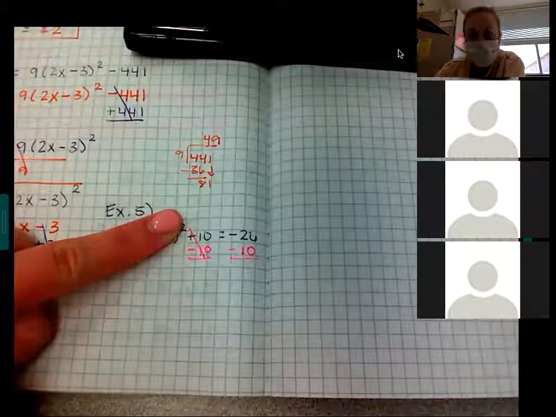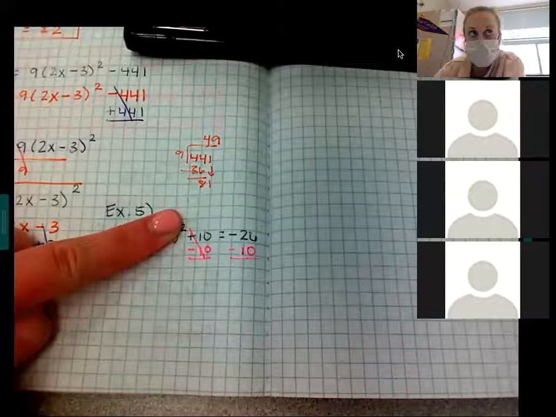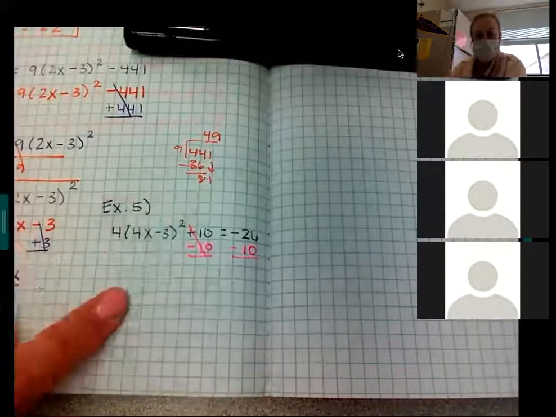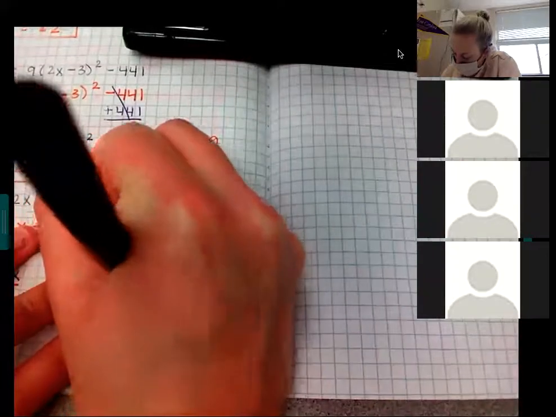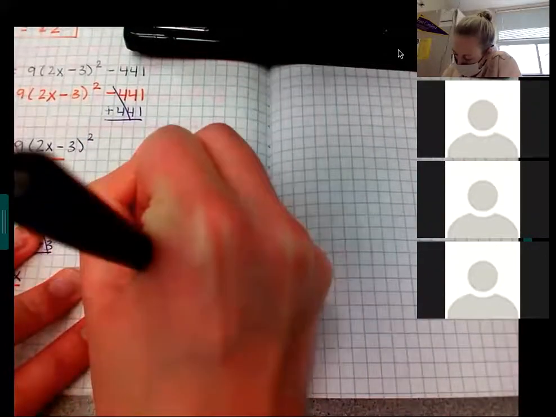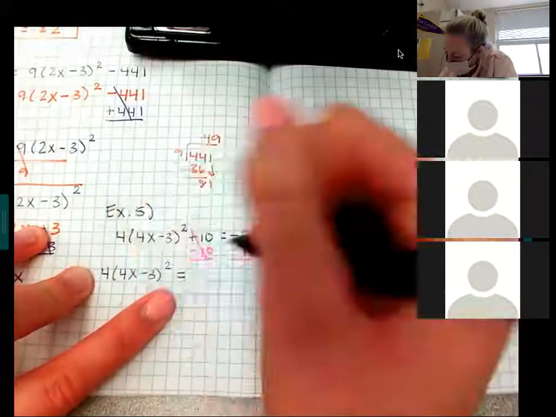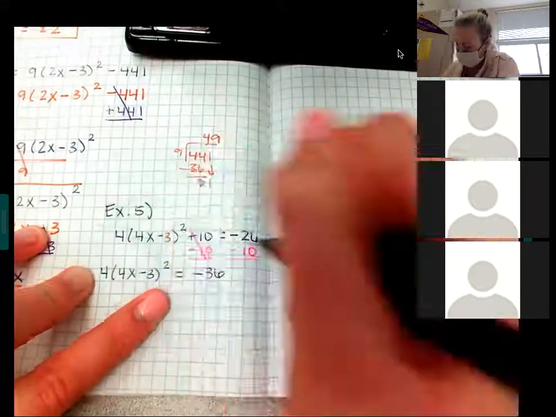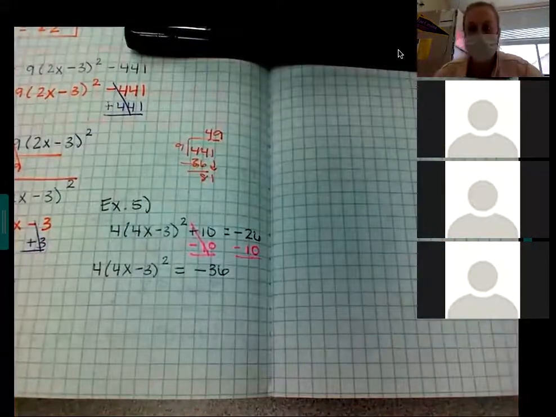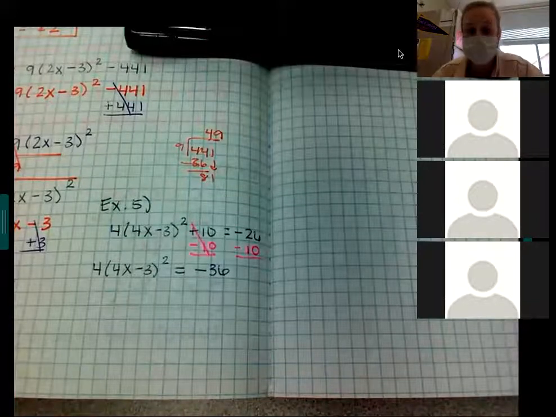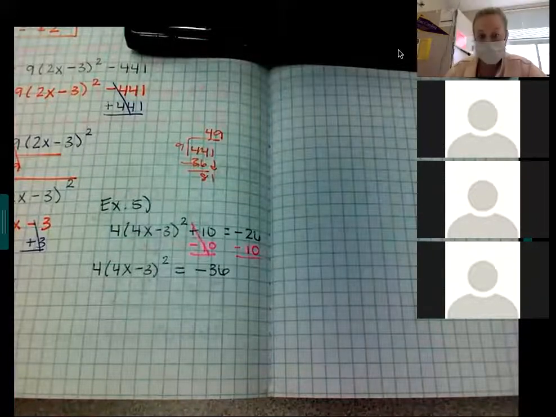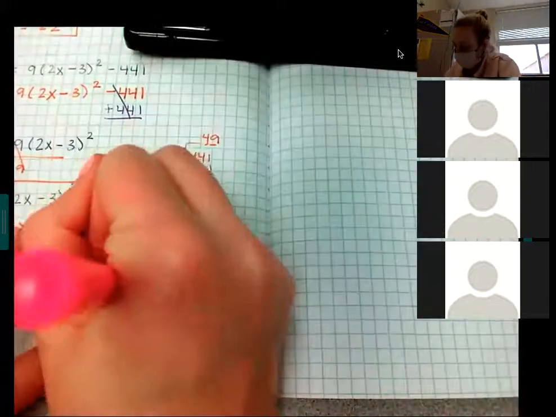Y'all good with that? Okay, so now what we're left with is 4x minus 3 squared with the 4 out front equals negative 36. So what would I need to move next? Because the squared term isn't by itself yet. Divide by 4. Divide by 4, good Carter.